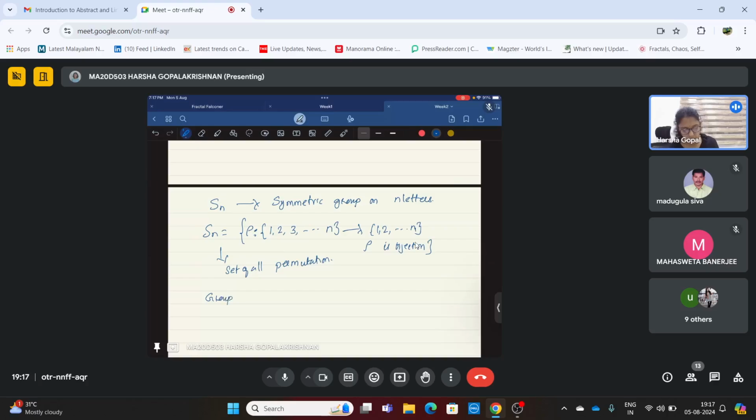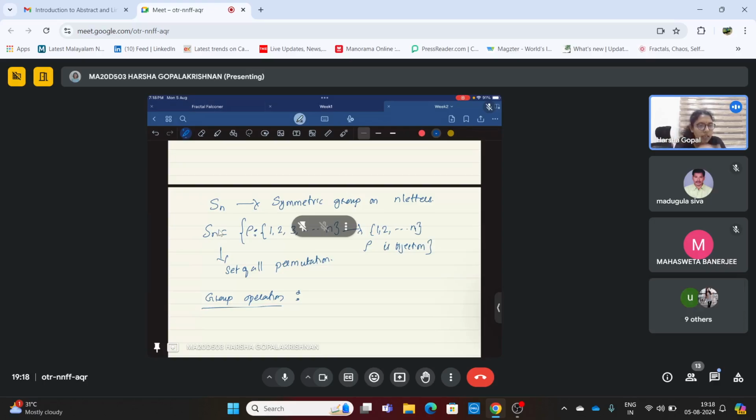Can you guess what the group operation will be? We have already seen many group operations, addition, multiplication, some star and all. In this set Sn, we should have an operation so that it will become a group. It is a group, that we can verify. For it to become a group, we should have a valid operation between the elements of Sn. So the composition: if you are noticing, the elements of Sn are functions actually.